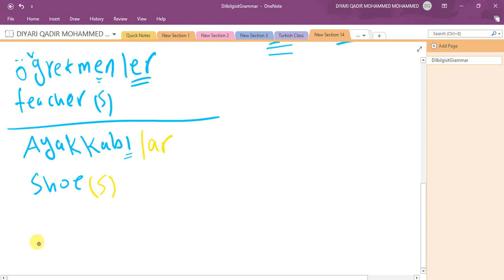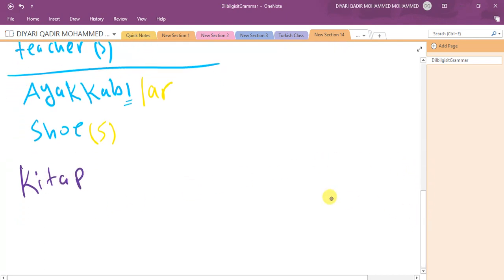Another example, for example, kitap. This means book. If you see the letter just before the last one, it's A. It's among the men letters, so it's either lar or ler, and we have to select lar.